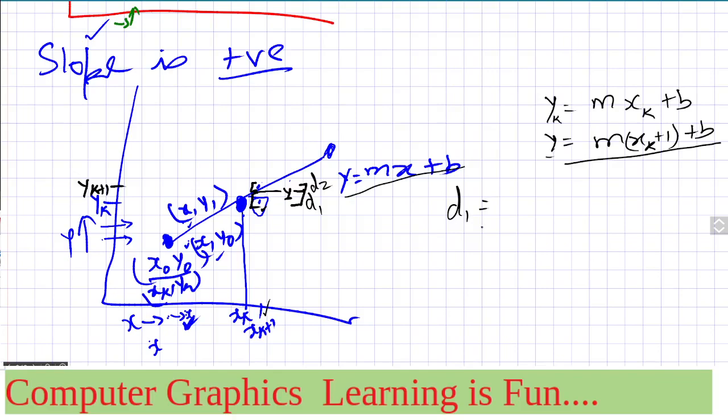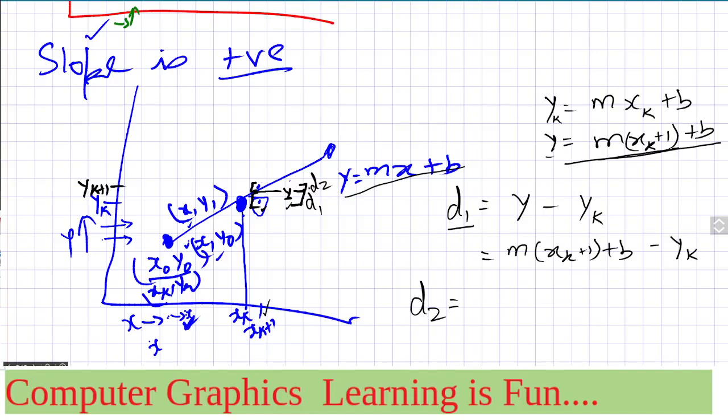So now if you try to find d1, it is y minus yk. You will get y is m(xk plus 1) plus b minus yk itself. Let me keep this yk as it is because later on we will use it. What will be d2?